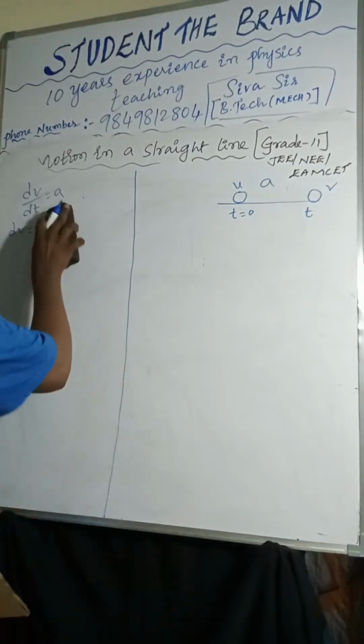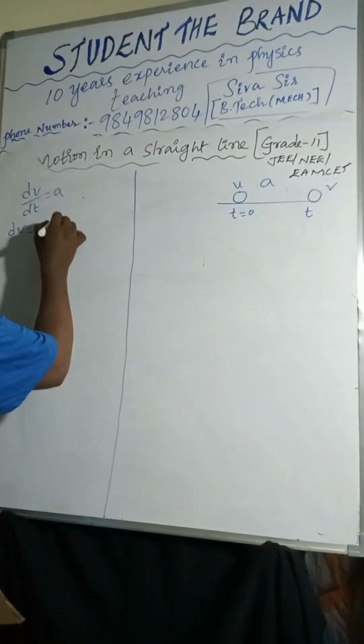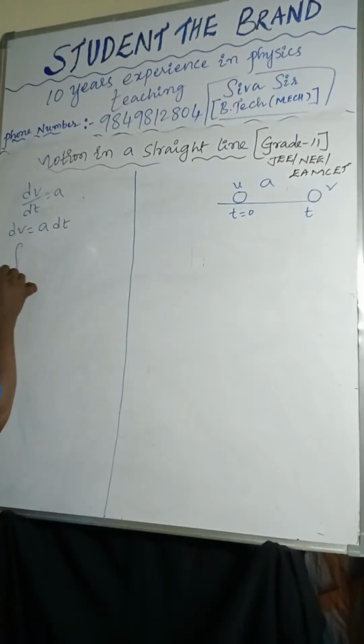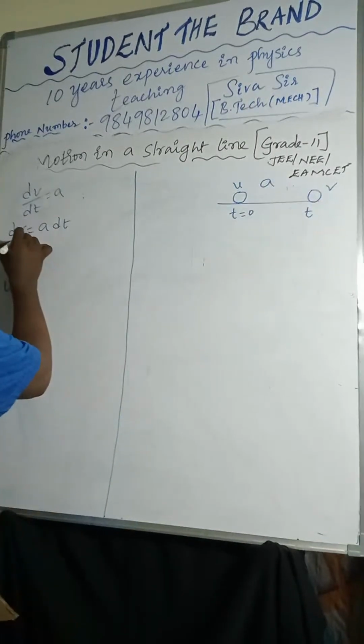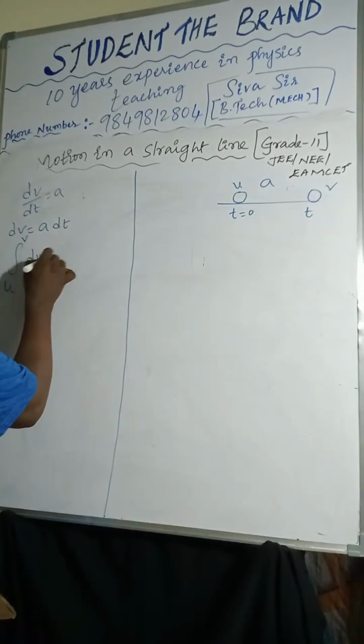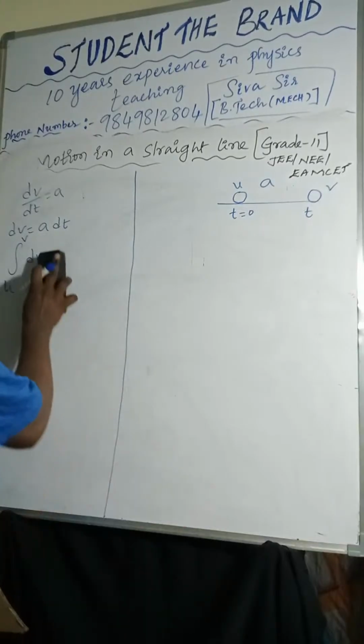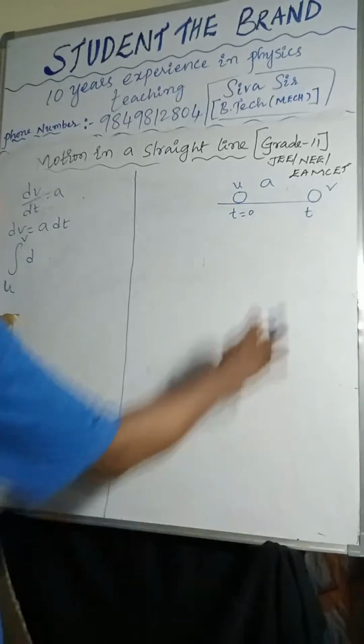With the help of derivatives and integration, if you integrate, the velocity rises from initial velocity u to final velocity v. So integral of dv from u to v equals a into the integral of dt over the time limits 0 to t.